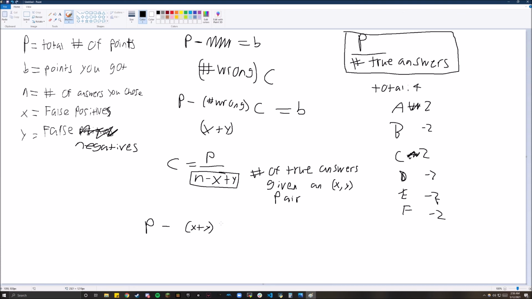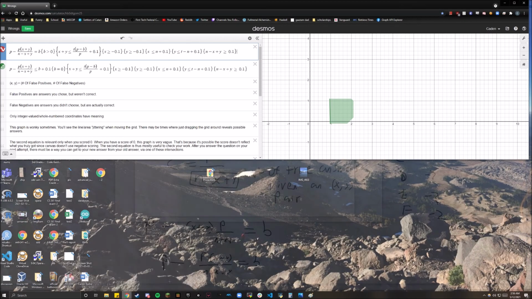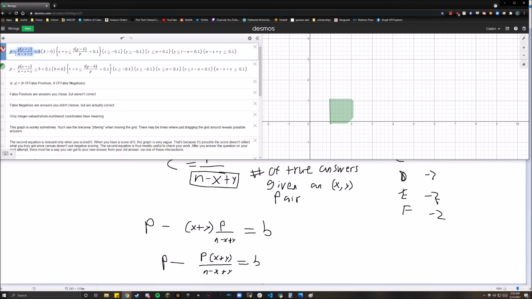That is P over N minus X plus Y. And that whole thing will equal the number of points that you got, which is B. And so if we clean this up a little bit, you'll see that I can just do P minus PX plus Y over N minus X plus Y. And that equals B. And what you might notice, probably not because you just heard about this equation, but this is the exact equation that I use in the Desmos graph.